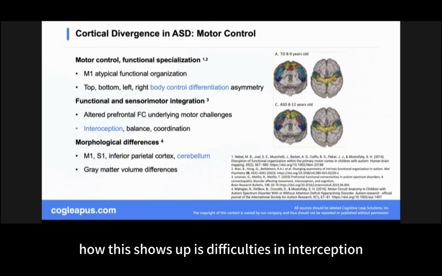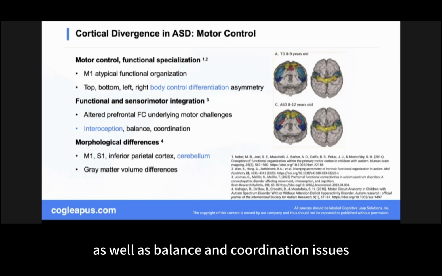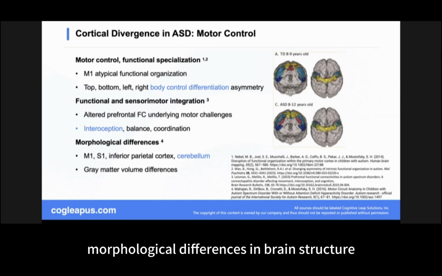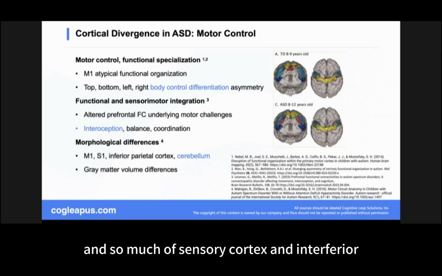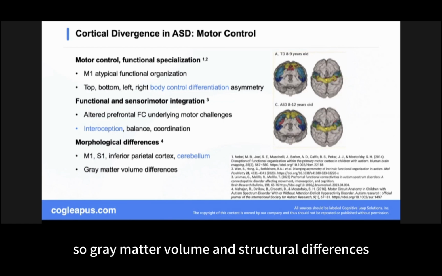How this shows up is difficulties in interoception, which is like an internal physical body awareness, as well as balance and coordination issues. We also see a lot of studies where we see morphological differences in brain structure in the primary motor and somatosensory cortices and inferior parietal cortices, as well as the cerebellum. So gray matter volume and structural differences.